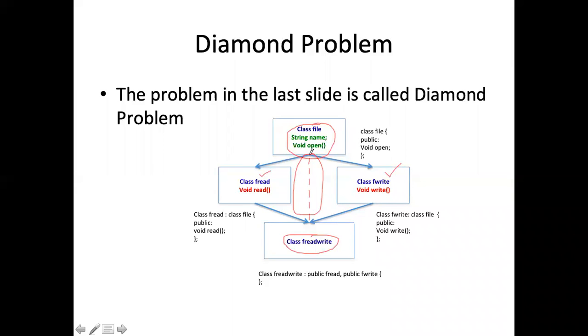Now this is a scenario in which an explicit inheritance has not been established between the child and the common base class, but a virtual inheritance has been established between these two.